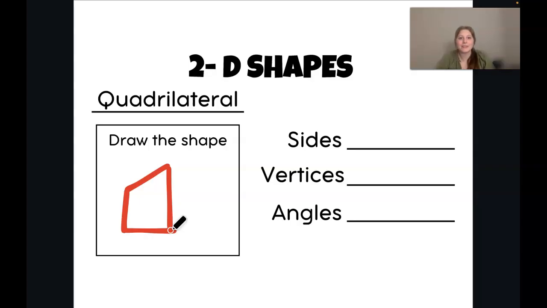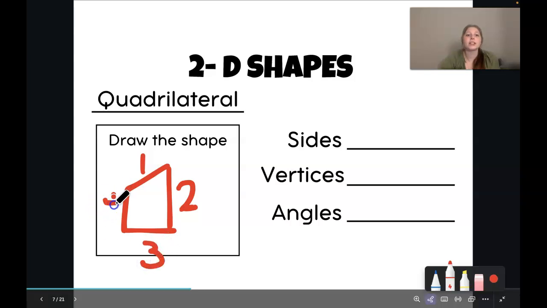We learned this yesterday. 4. And it's okay if it doesn't make a perfect square. We already know how many sides a quadrilateral has, but let's double check. Show me sides again. Great job. Okay, I see a side here, so that's 1, 2, 3, and 4 sides.